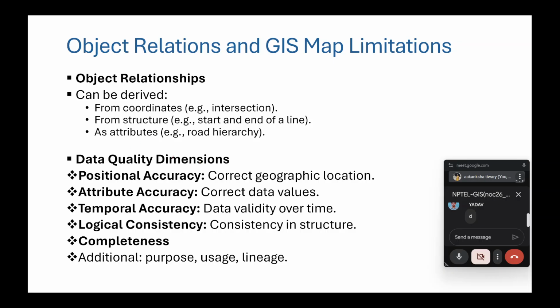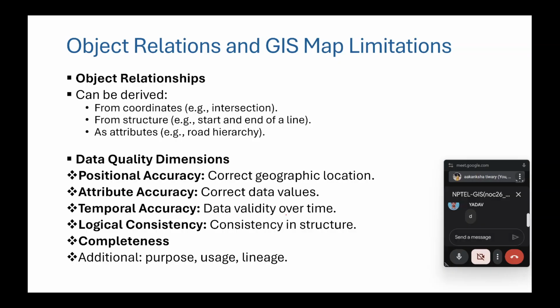Now there are some data quality dimensions, so whatever data we have can have some errors also. If there is a positional accuracy, for that we need to have correct geographic location. So whatever image that you have, the location of the area that it is representing should be precise. So correct geographic location is positional accuracy. If there is correct data value, then it is attribute accuracy.